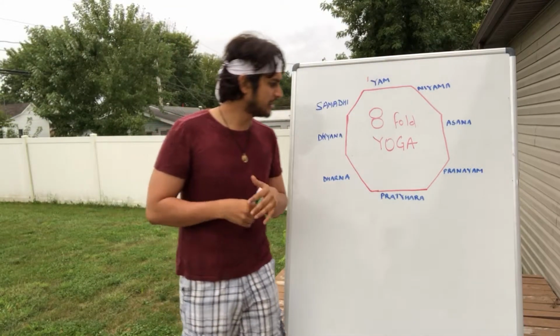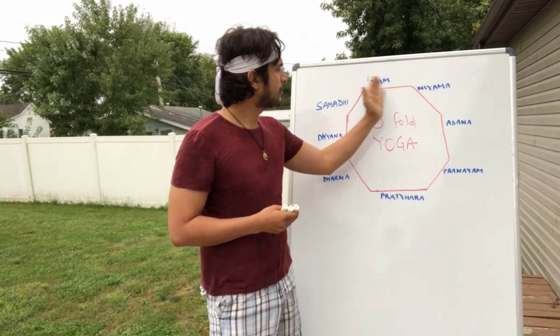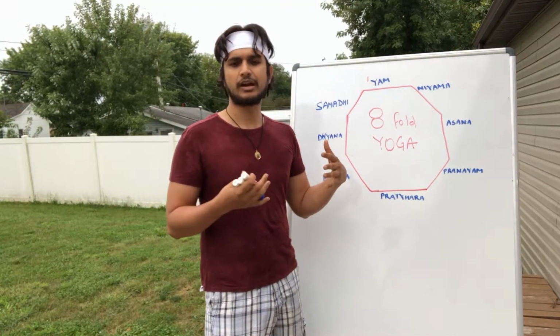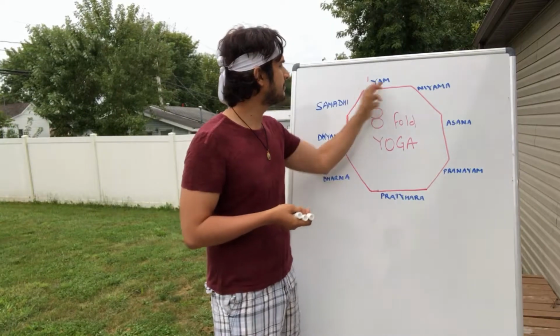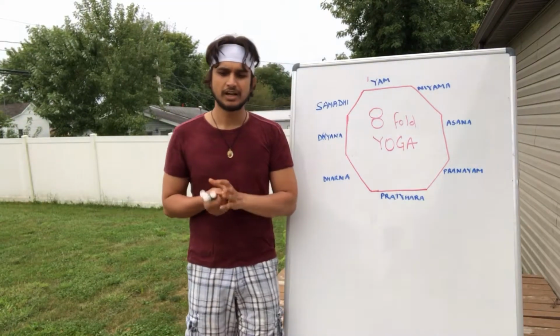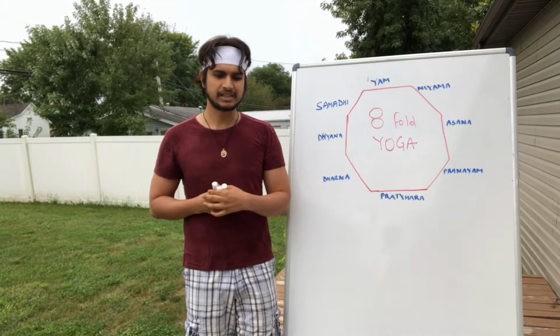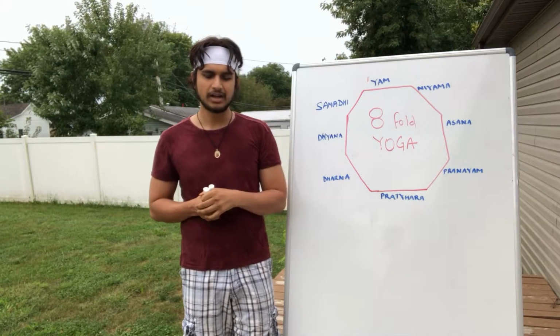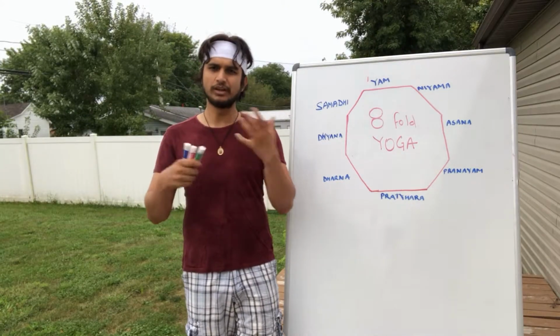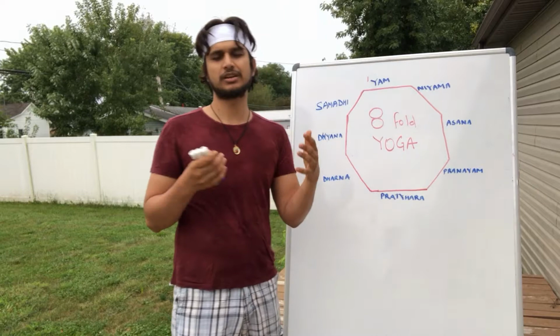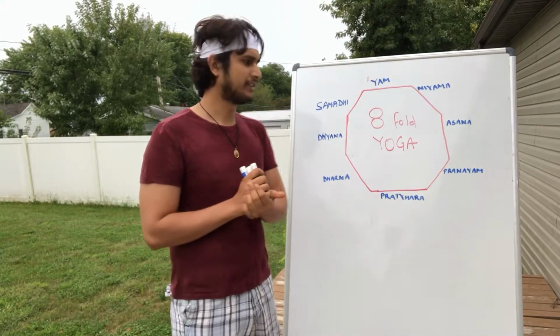In terms of Bhagavad-Gita, it does talk about different shlokas everywhere about these different limbs. Yama and Niyama is very often covered by the 16th chapter, where he talks about the Devi and the Asuri manifestations, or the angelic and the demonic manifestations.